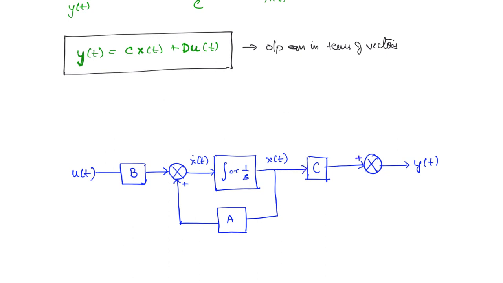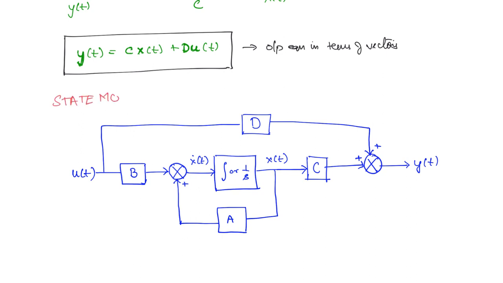This will be plus, and from u of t, the other transfer function will be D. D times u of t will get added here. So C times x of t and D times u of t will give y of t. This is the state model of the control system that we have considered.